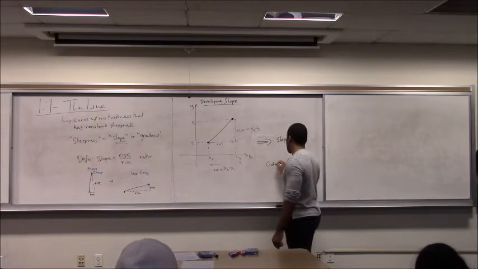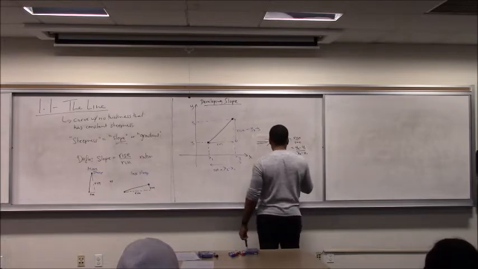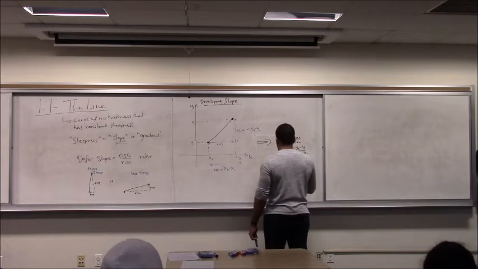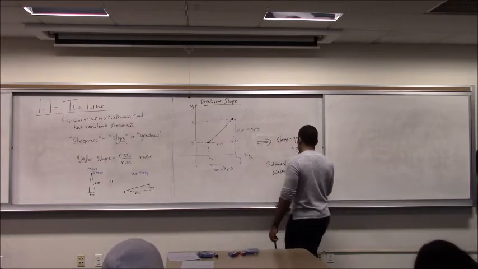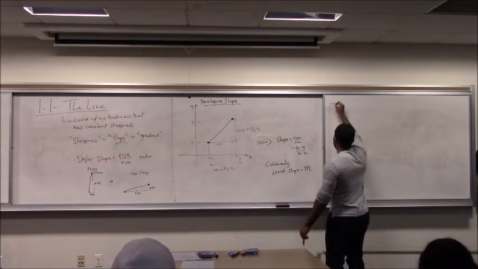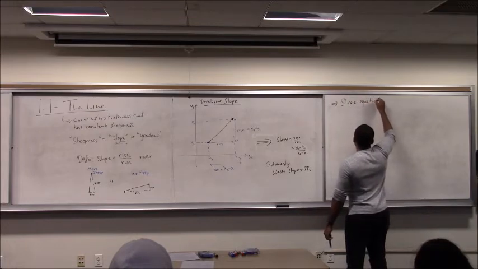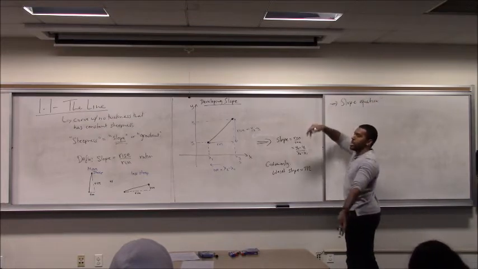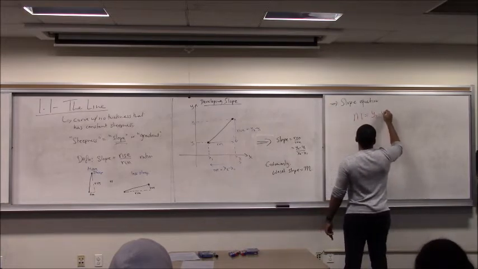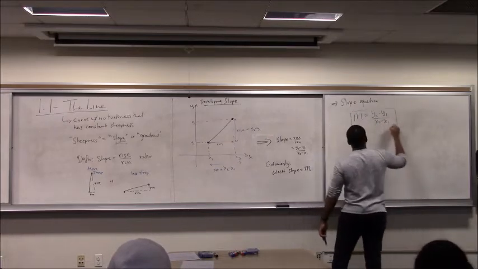Customarily, traditionally, we set slope equal to the variable m. So this gives us the slope equation, right, which I believe I asked you on the quiz. So on the quiz, when I asked you to find the equation for a slope, the answer was m equals y2 minus y1 over x2 minus x1.